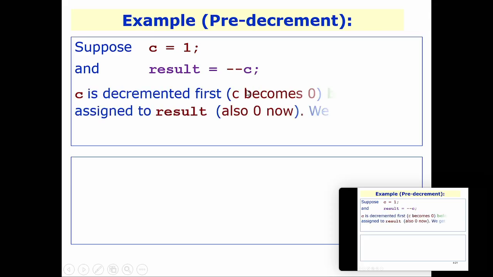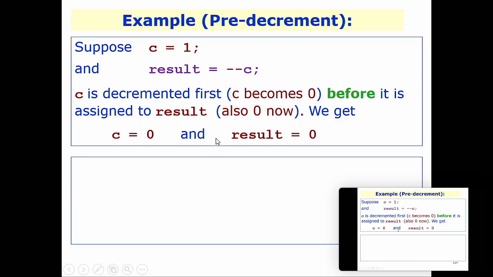Pre-decrement means subtract 1 from this variable and then use it. So you may not catch the meaning of it. So now c was 1, then c becomes 0, then this 0 will be assigned to the variable result. So now result is 0. Then c equals 0, result equals 0.